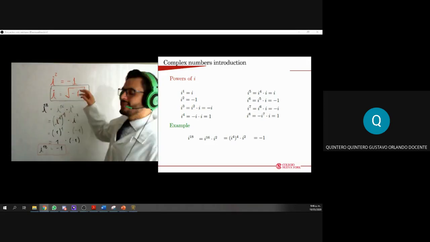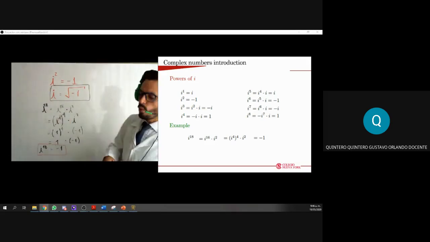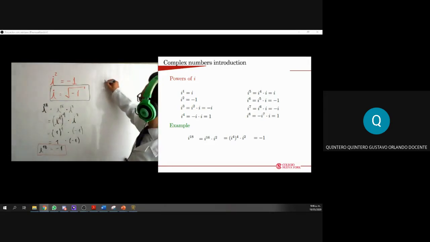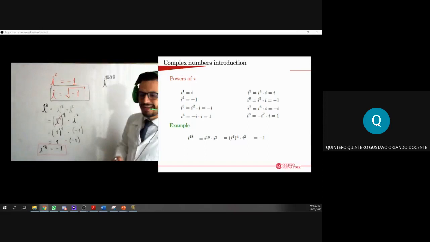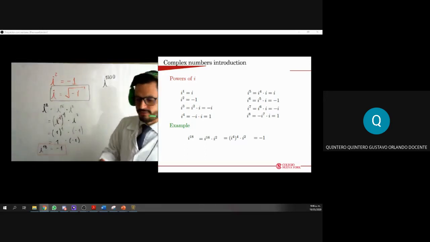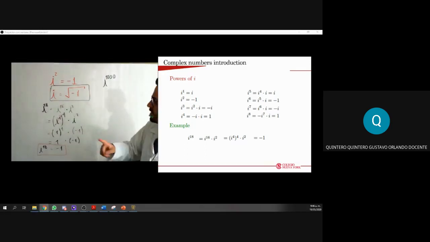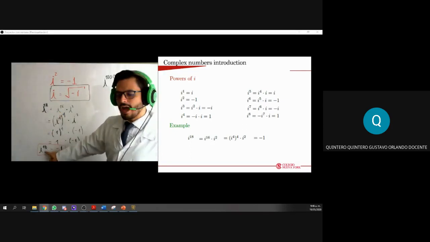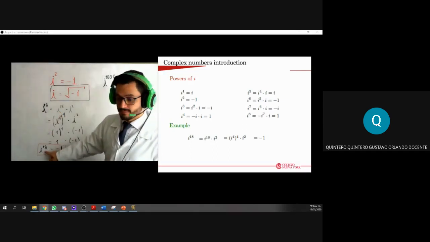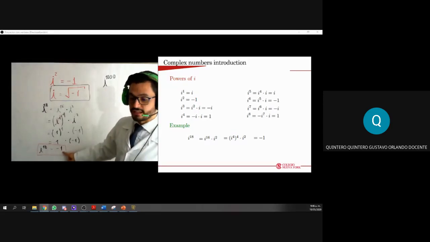Now, with this type of process, we can find questions like this. How much is I to the 1,000? Now, of course, if you did the progression all the way to I to the 18th, you found this solution, -1.